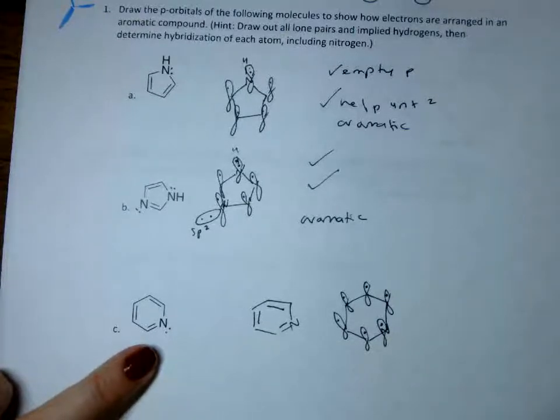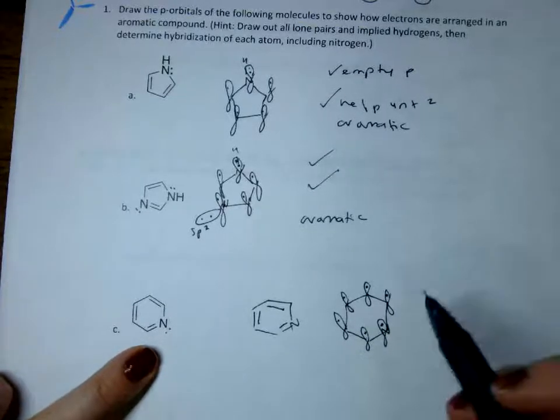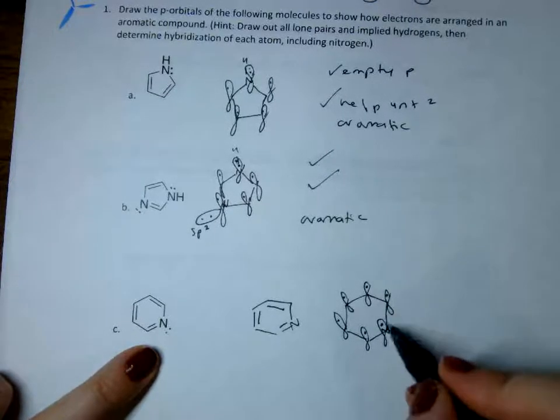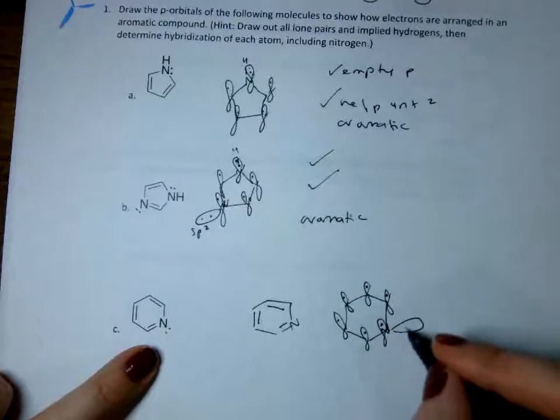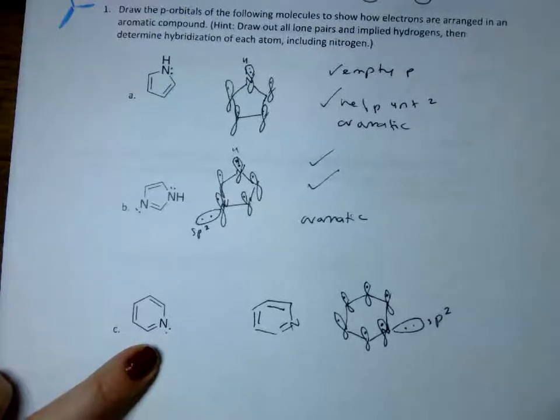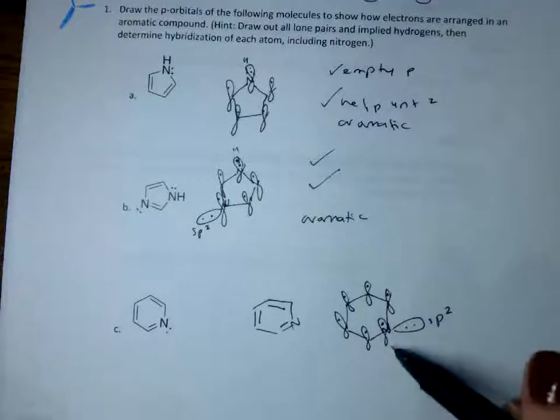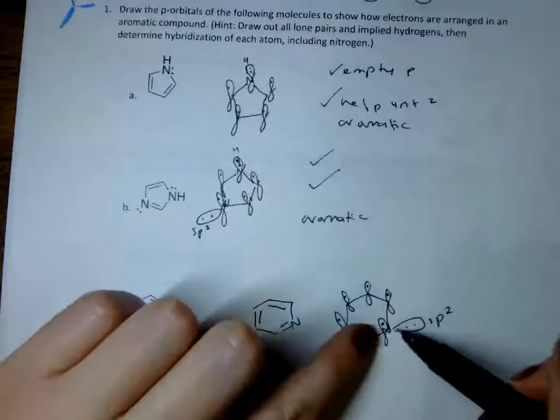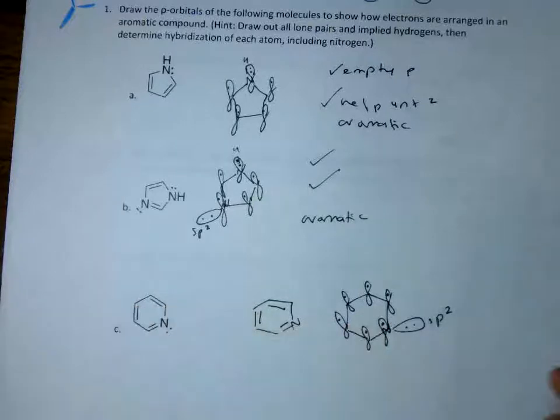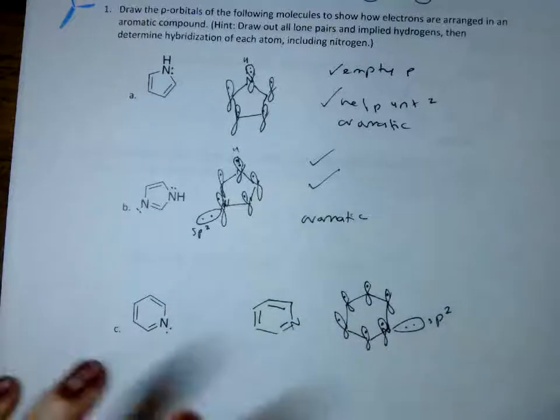Nitrogen always has 3 bonds and a lone pair if it's neutral. So I'm looking at this nitrogen. There's not an empty p orbital, so it has to go into the sp2 hybrid orbital off to the side. It can't even think about going into the p orbital. If it did, it would force this one out, go up there, and be 7 electrons in the ring. So that just doesn't really make sense.